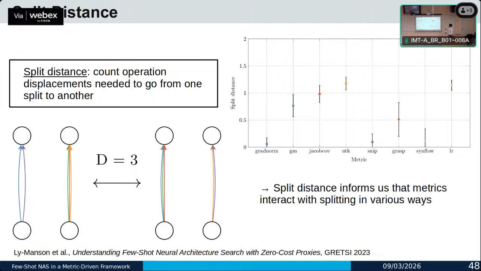What we plotted was the split distance for various different metrics, and we found that they tend to operate and interact with the splitting in different ways. The first one being that some of the metrics had very low split distance, which means that they tend to often make the same splits, while others were more exploratory, having higher split distance, which means they were more akin to make various splits.